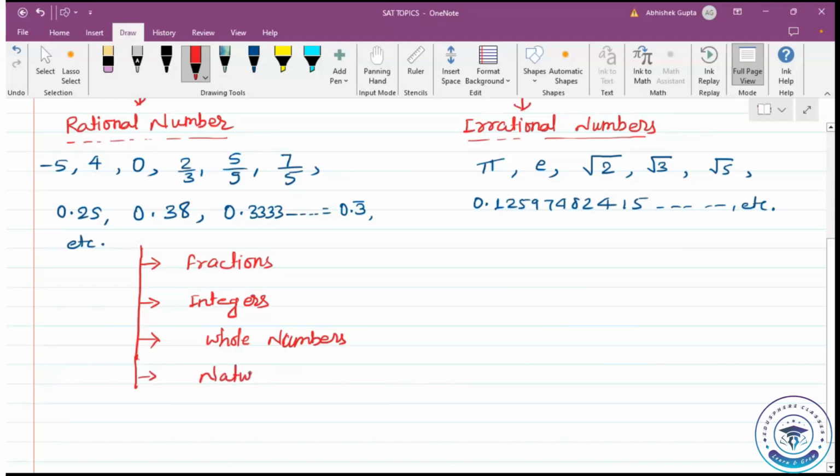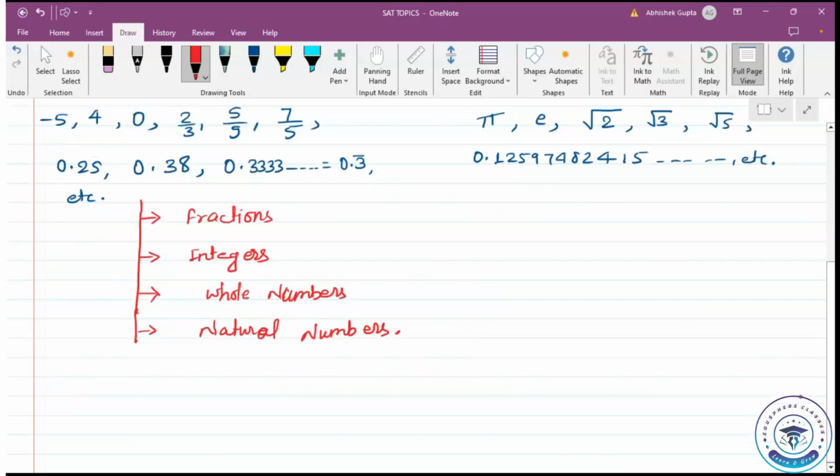There are many more, like odd numbers and even numbers, but we will stop up to here only. So this is what we have to learn in real numbers.